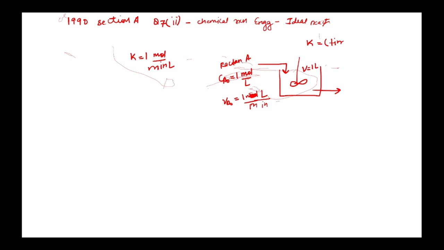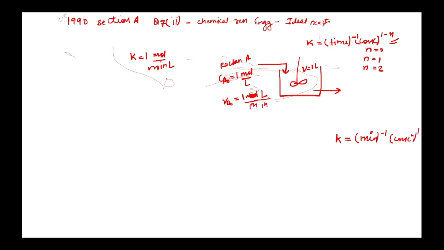The unit of the rate constant is generally time inverse, concentration to the power 1 minus n. So n equal to 0, n equal to 1, n equal to 2, whatever n is, just put the value here and you will get the unit of K. Taking an example from this question, n equal to 0 because it is a zero order reaction, where n is the order of the reaction. So K is time inverse, time in minute, inverse, concentration to the power 1 minus n.